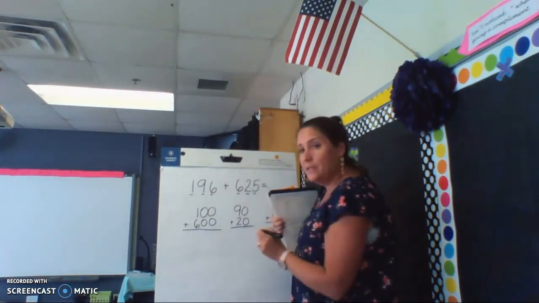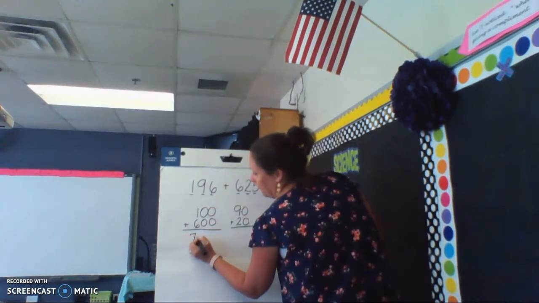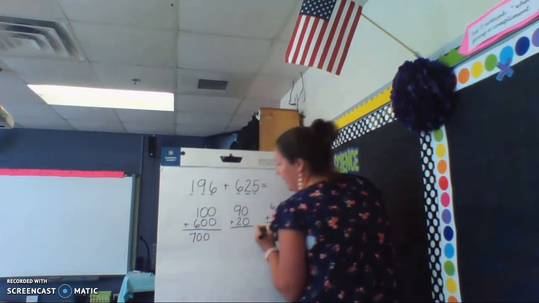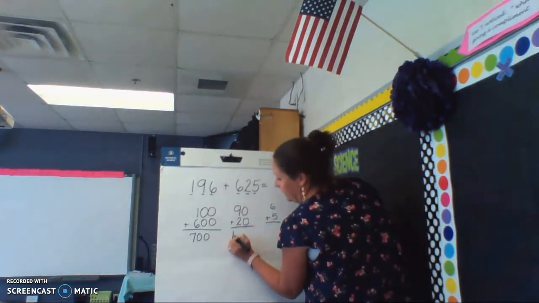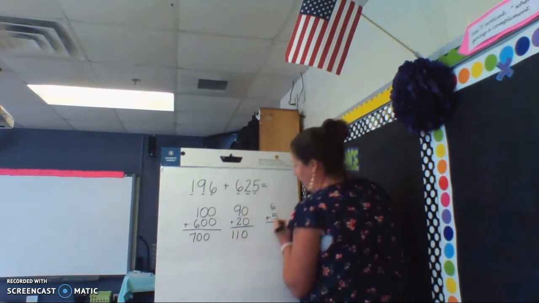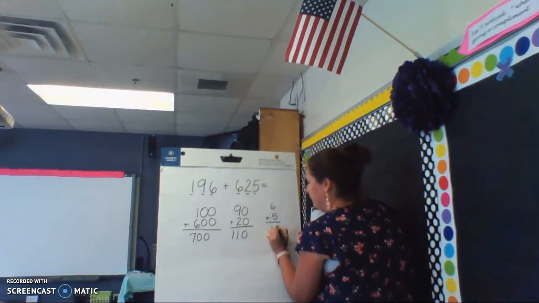So 100 plus 600 is 700. 90 plus 20 is 110. And then 6 plus 5 is 11.